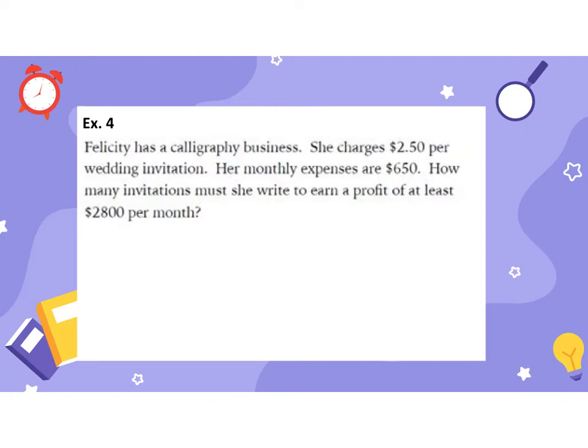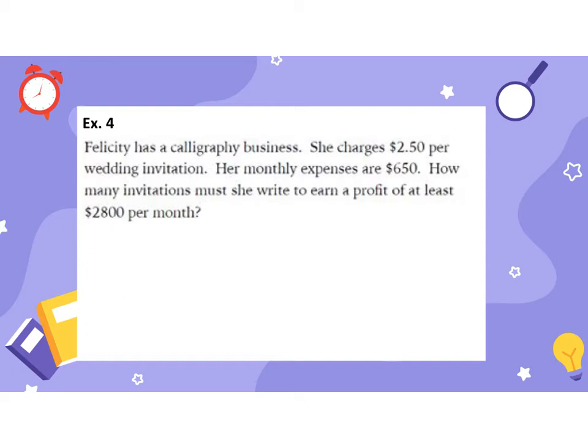Example 4. Go ahead and try to set this one up. Alright, so Felicity has a calligraphy business. She charges $250 per wedding invitation. Her monthly expenses are $650. How many invitations must she write to earn a profit of at least $2,800 per month? Okay. Let's go ahead and underline what we know is important.